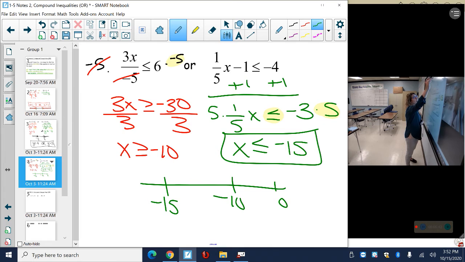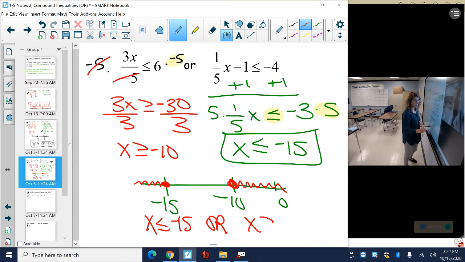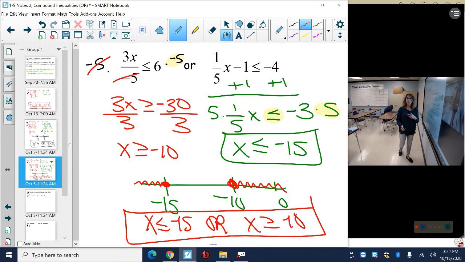If I graph this, at negative 10 it is a closed dot and I'm shading to the right. At negative 15 it's a closed dot and I'm shading to the left. They are going in opposite directions like they're supposed to. You simply put the word or between them, and you always put the smaller one first. Any questions? Let me know.